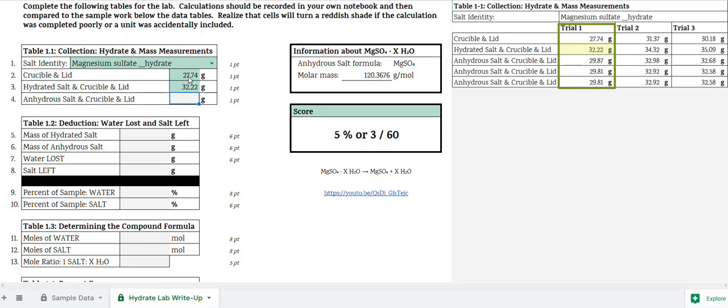After heating 3 times and waiting for the mass to maintain a steady constant mass, I get that my anhydrous salt left inside of the crucible is 29.81 grams. Remember, that includes the crucible.